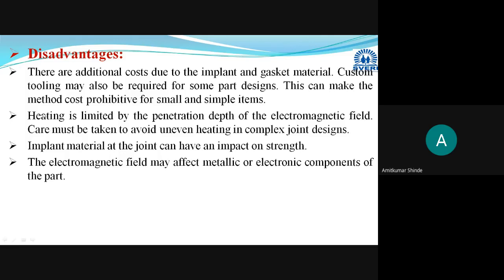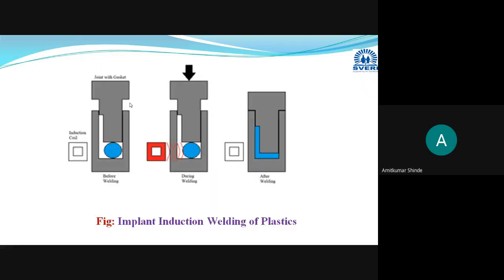Then another disadvantage is that, depending on your design, you have to design the required customized tools. Depending on the design of this joint, some specific tool design is required.